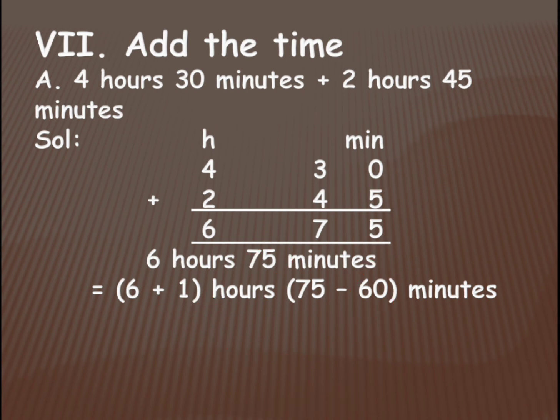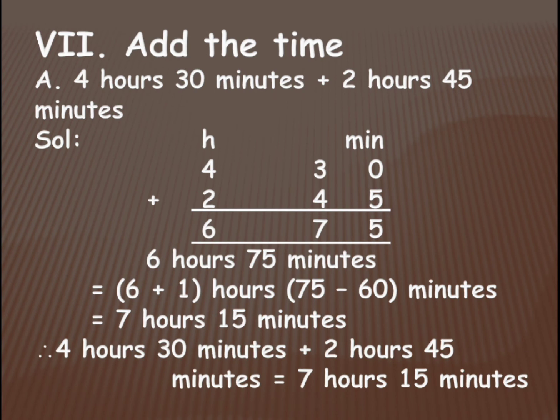Okay. So 6 plus 1 becomes 7 hours. 75 minus 60 becomes 15 minutes. So when you add 4 hours 30 minutes and 2 hours 45 minutes, you get the answer as 7 hours 15 minutes. Okay. So in this way, you need to add the time.